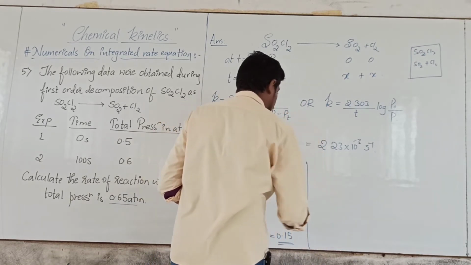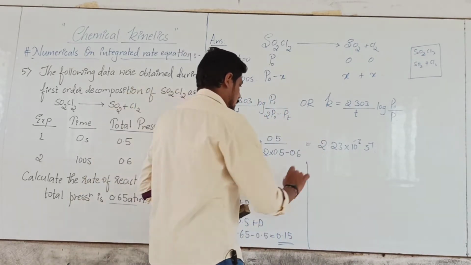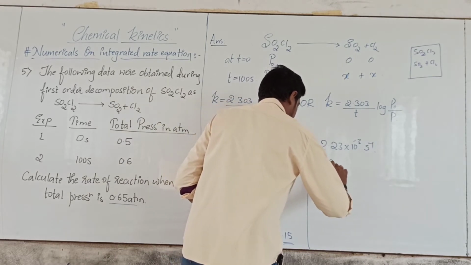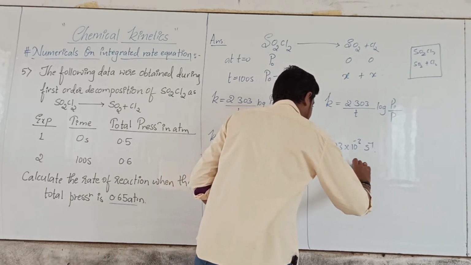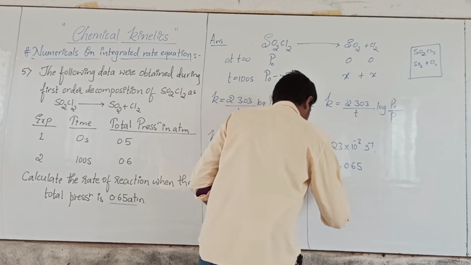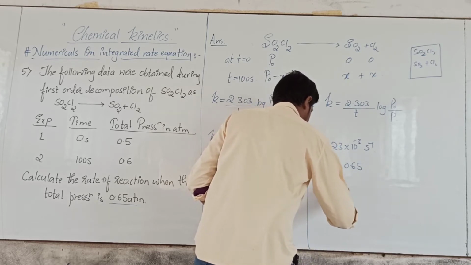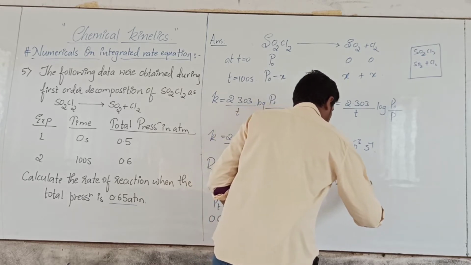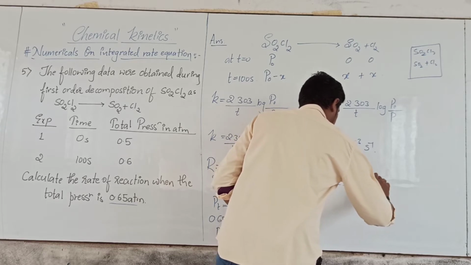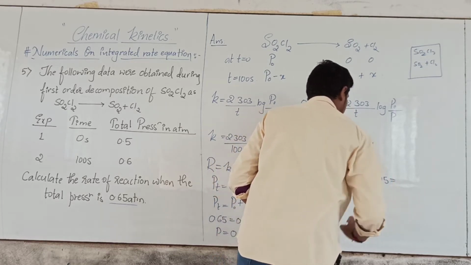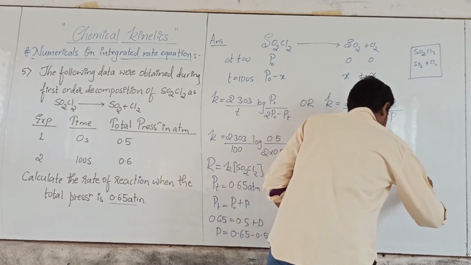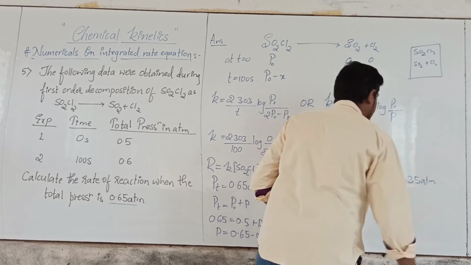So when the total pressure is equal to 0.65, the concentration of SO2Cl2 is 0.5 minus 0.15, so this will come as 0.35 atm.